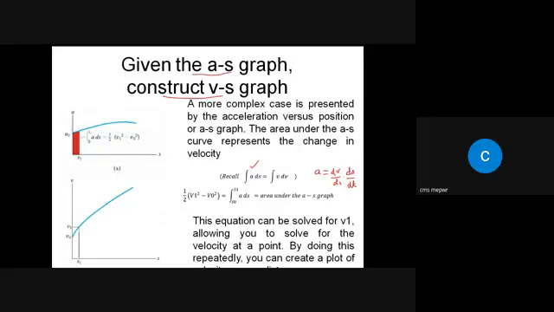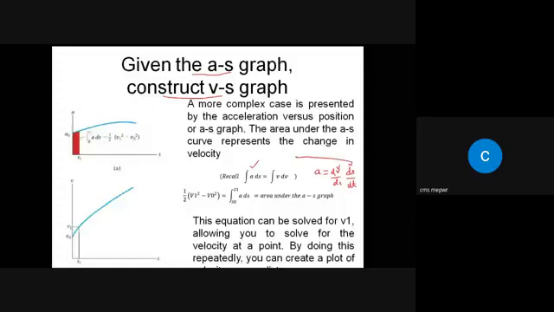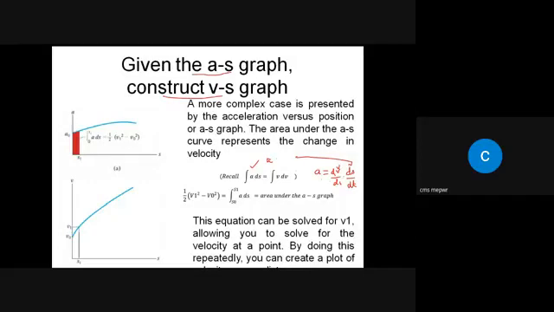So this one is basically dv by ds, it will remain as it is, and this ds by dt will become equal to v. This equation can be simplified if we take this v over here.